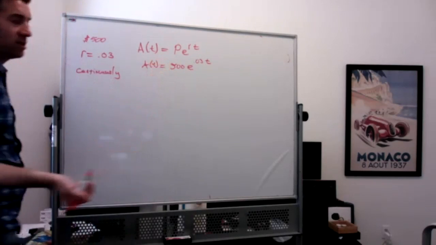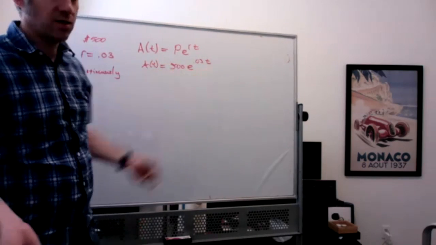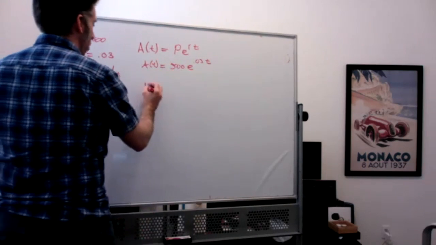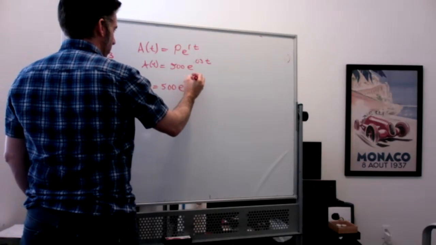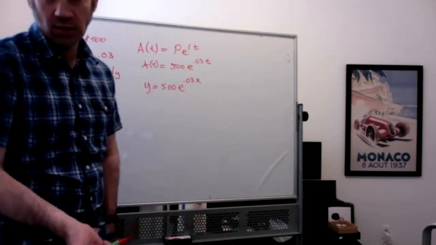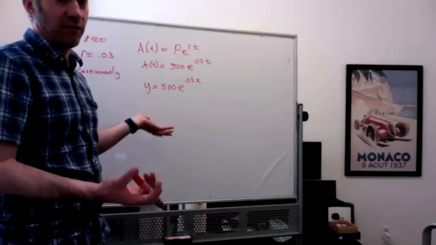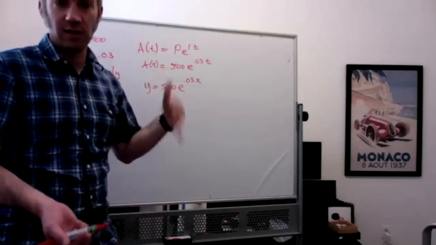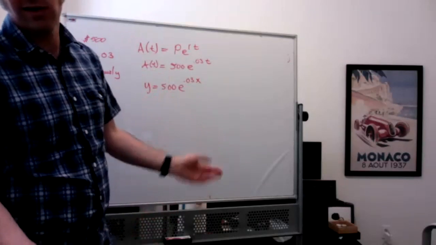However, they're asking us to use y and x instead of A and t. So I would write this as y equals 500 e to the 0.03x. So that's our function. And that really comes from having done it before. We've seen the continuously compounded interest formula a few times, and we're expected to just know it.